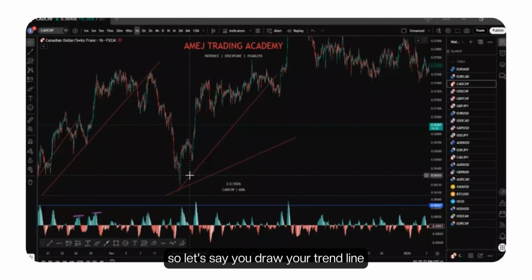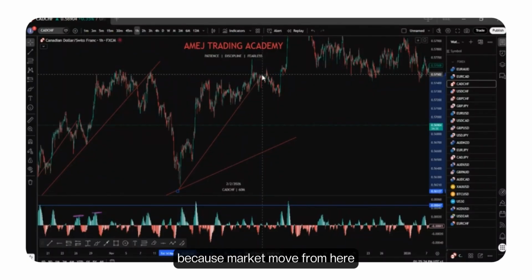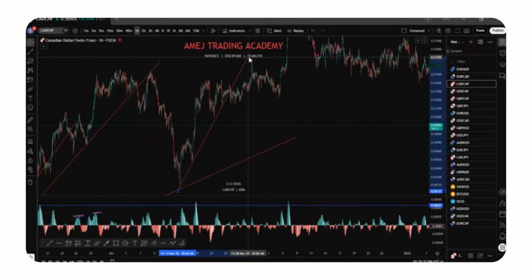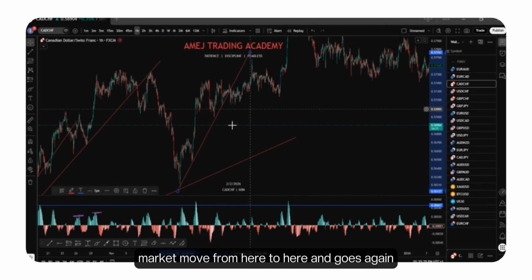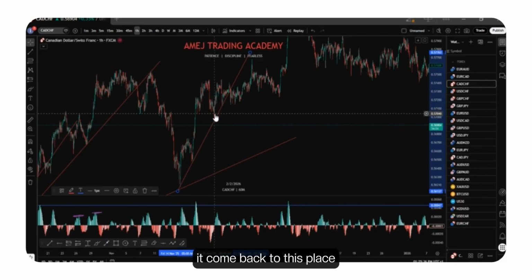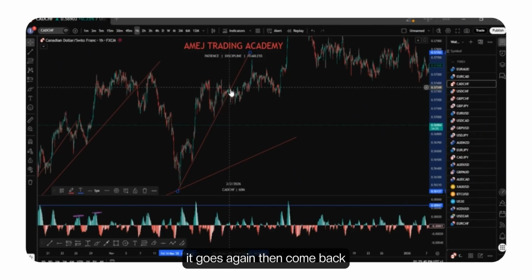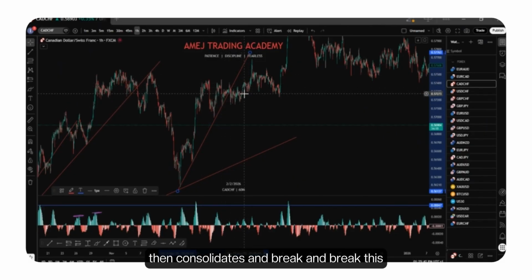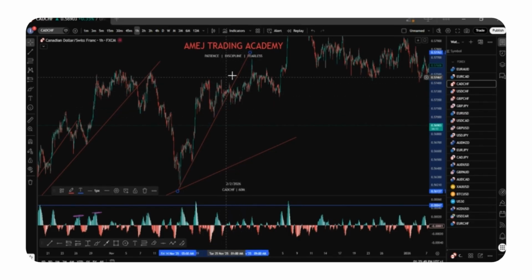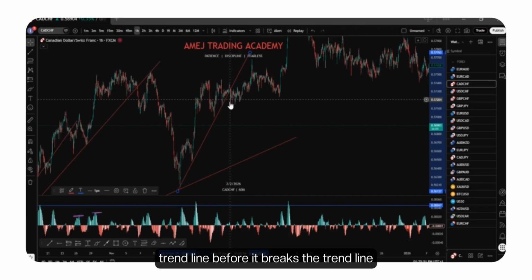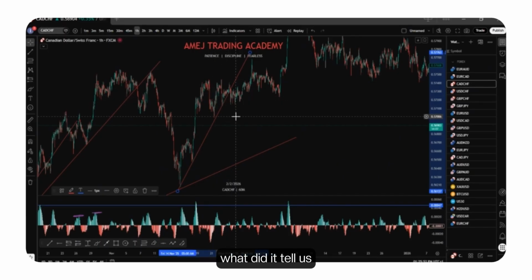So let's say you draw your trend line, because the market moves from here to here. It goes again, it comes back to this place. It goes again, it can come back, it can consolidate and break this trend line. Before it breaks the trend line, what did it tell us?